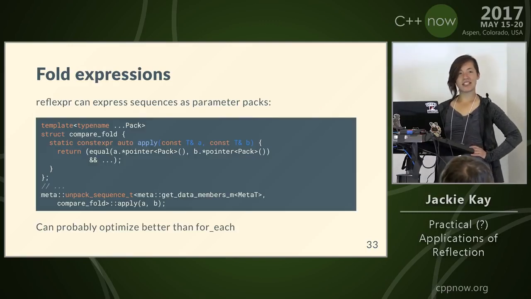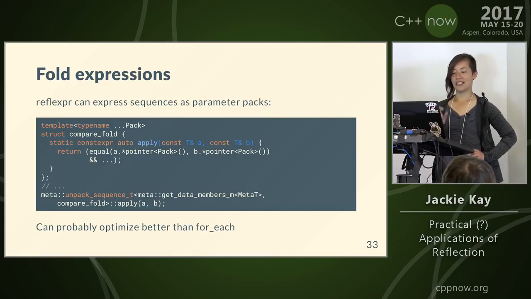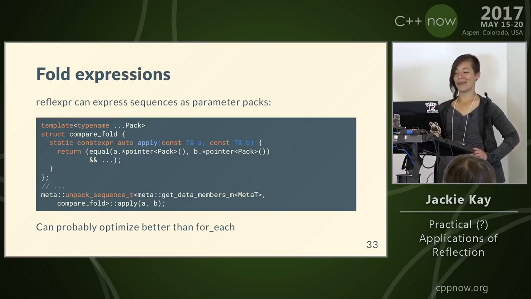I think fold expressions are a really nice way to solve that problem. I had a lightning talk about folding expressions yesterday where I gushed about them, but the thing with fold expressions is you need to have a parameter pack in order to fold over that. The reflexper fork does provide this thing called unpack sequence, or an unpack sequence type or _t.